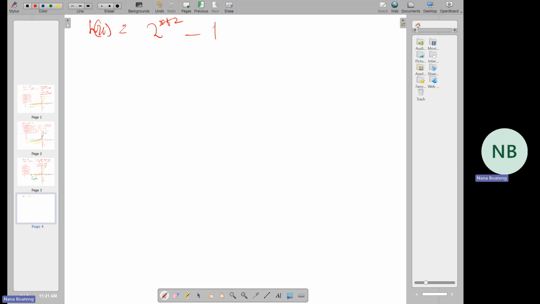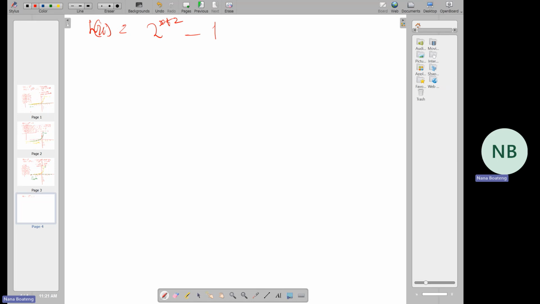So negative 1 plus 2 becomes 2 power positive 1, and 2 power positive 1 minus 1 is 2 minus 1, which gives us 1.